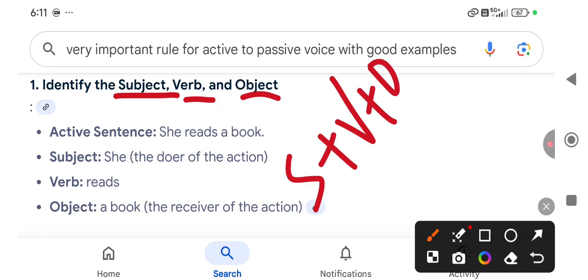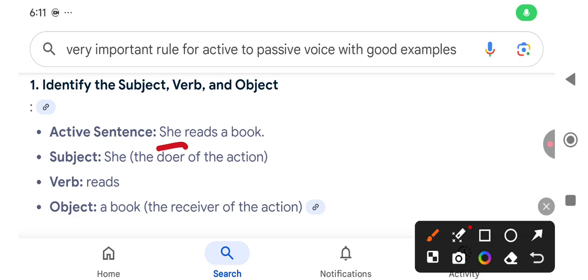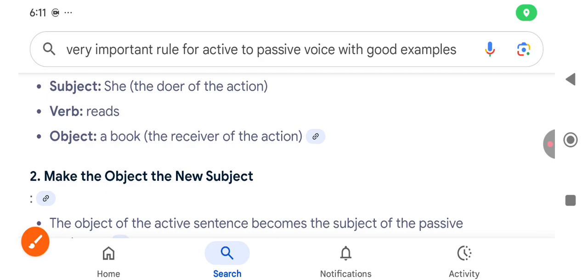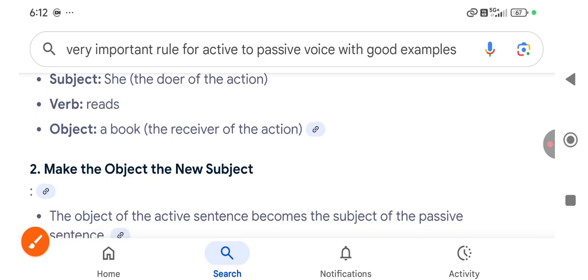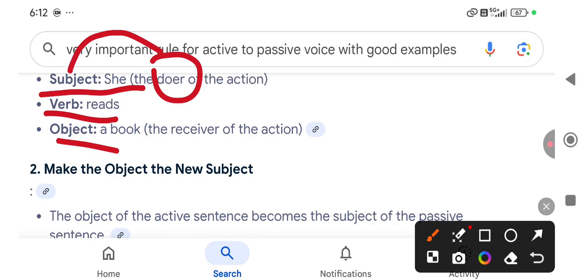The subject is the doer of the action, who is doing the work, and the object is the receiver.